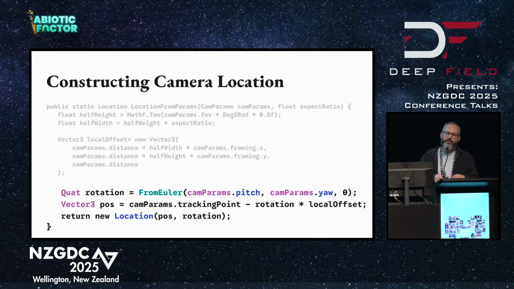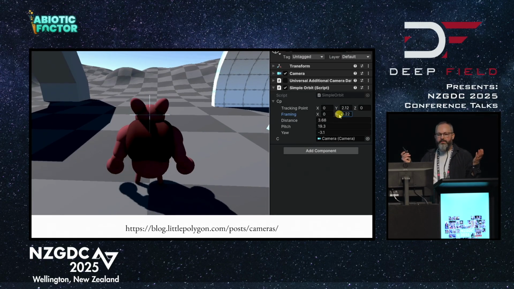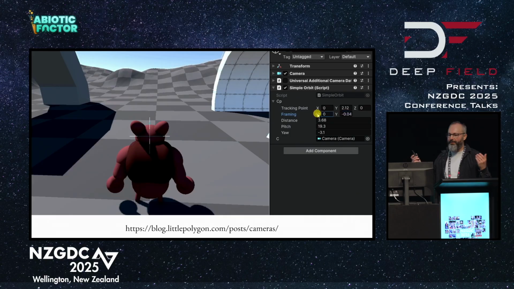But we subtract it because if you remember, we are treating the top of our screen in screen space as being positive 1, and in order to put the tracking point at the top of the screen, we actually need to lower the camera. So that's why we subtract. And then we construct a location. And hey presto, there you go, you've got your camera location function.